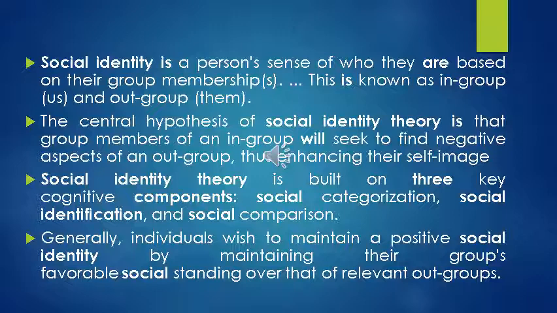Secondly, social identification, which is the characteristics of the in-group or the out-group. And finally, the third cognitive component is social comparison, where we compare between the in-group and the out-group, us and them.